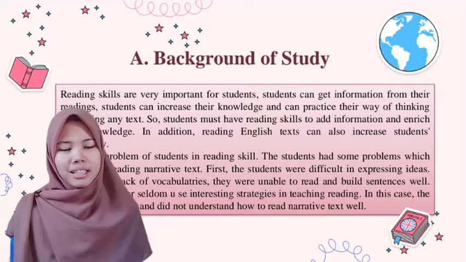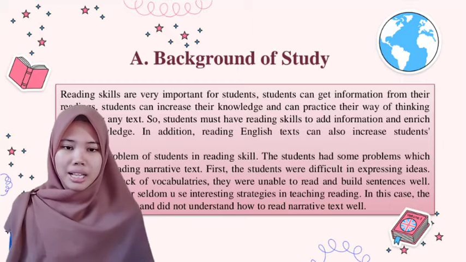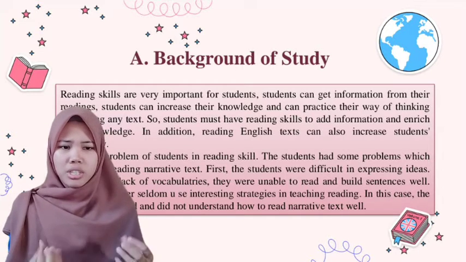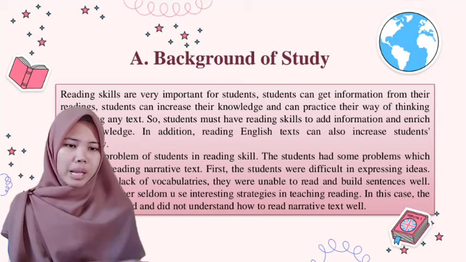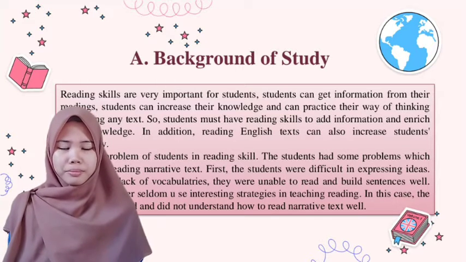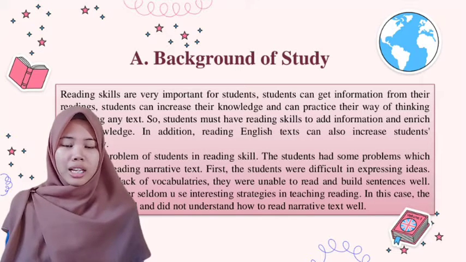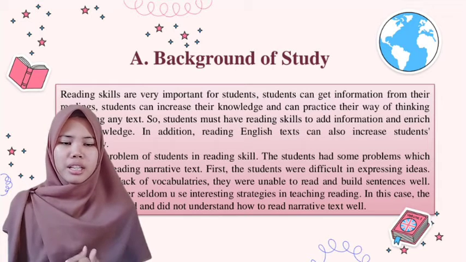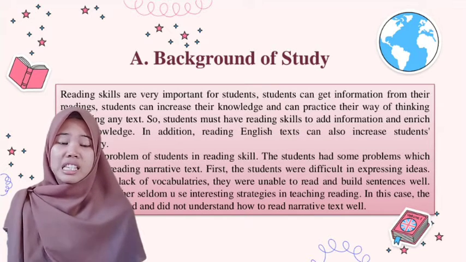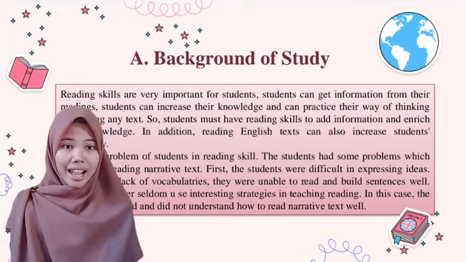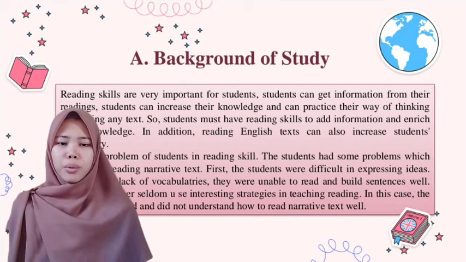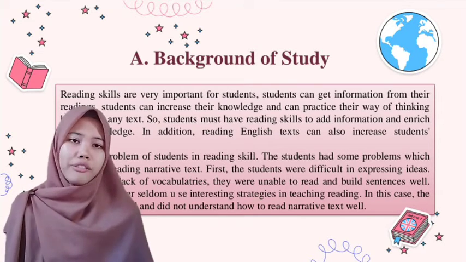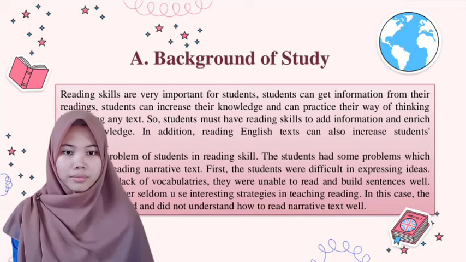The second problem is they lack vocabulary. They were in trouble to read and build sentences well. The third problem is the teacher seldom uses interesting methods in teaching reading. In this case, the students felt bored and didn't understand how to read narrative text well.